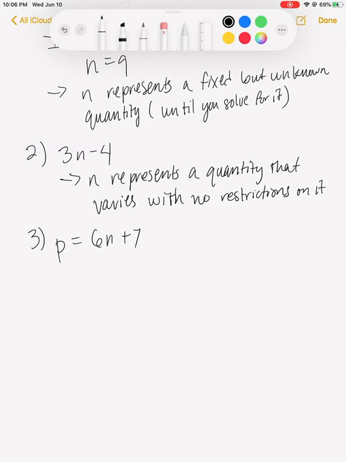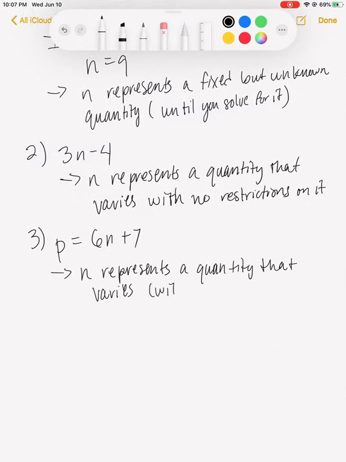So n represents a quantity that varies, with no restrictions.